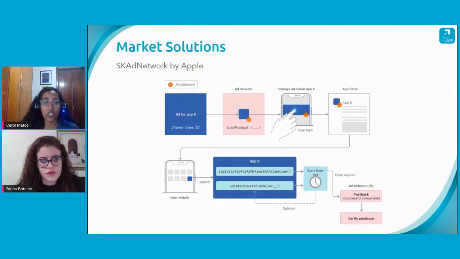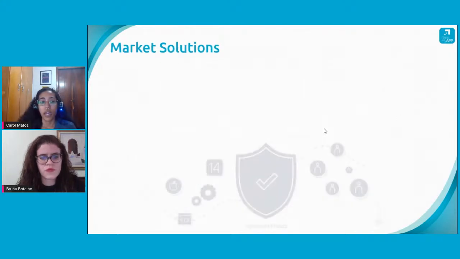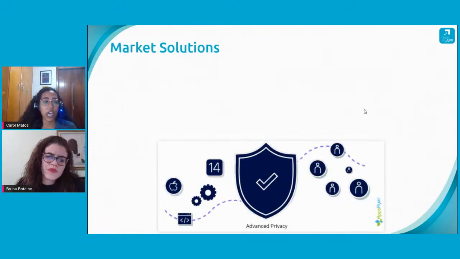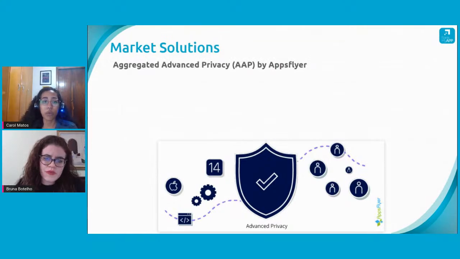So this is a feature that is still being evaluated by the market, and soon we might have more news about this. And now, not only Apple brought a solution for us, but most of the MMPs and other companies in the market are focusing on finding a way that this new tendency of privacy won't affect the digital market in general.